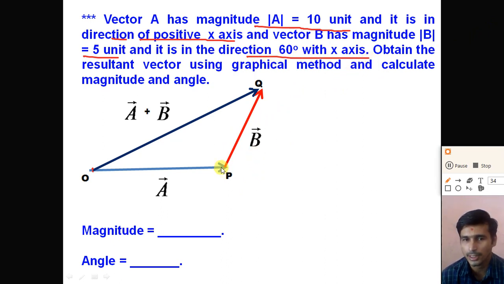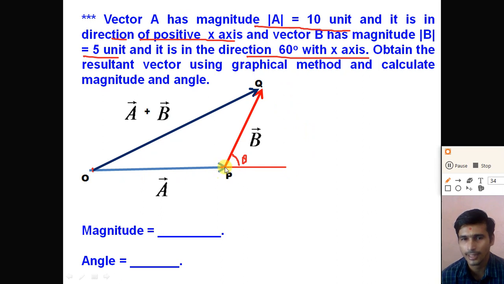So on the head of vector A, at P, draw a line at a 60 degree angle, theta, and draw a vector PQ which has a length of 5 centimeters in the direction of 60 degrees with the positive x-axis.